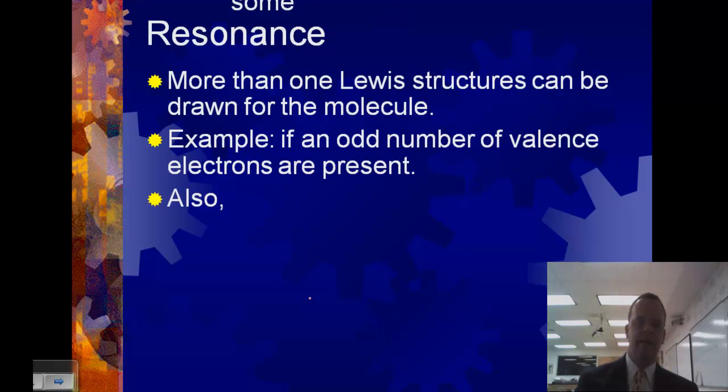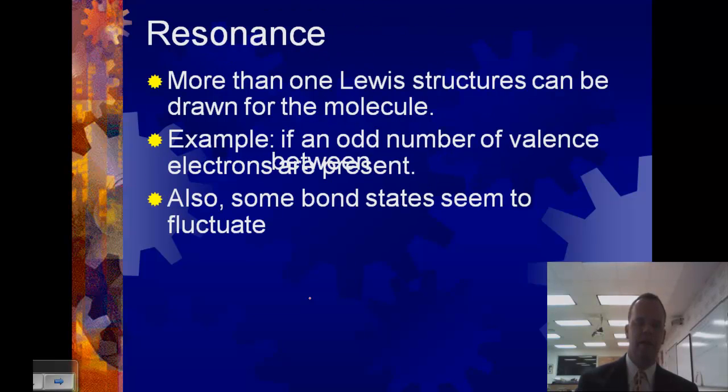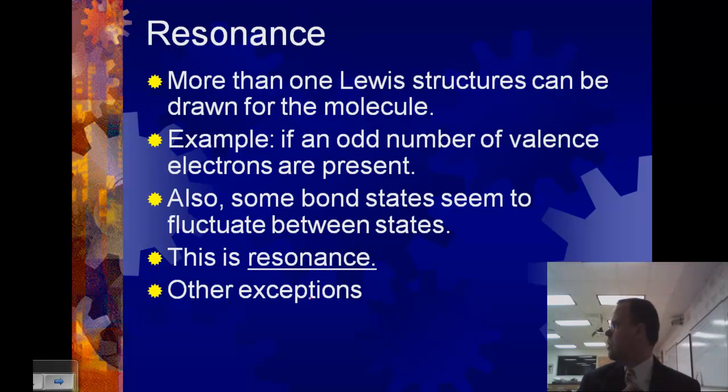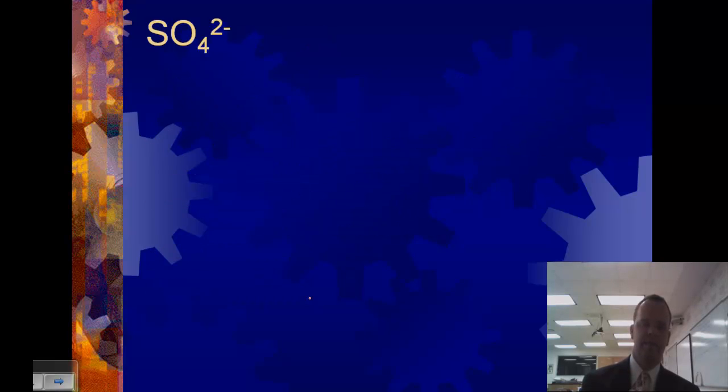For example, you could have an odd number of valence electrons. Or it could be fluctuating between single and double bonds, like we saw with SO3. So there are exceptions like this, known as resonance, where we see fluctuations between double and single bonds, or double and triple bonds.